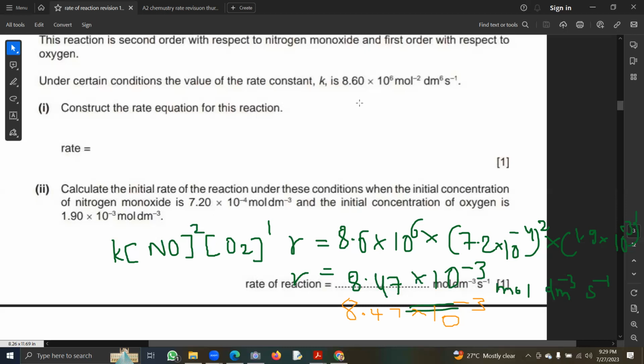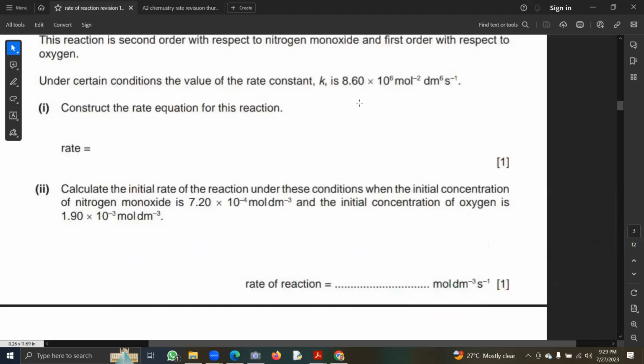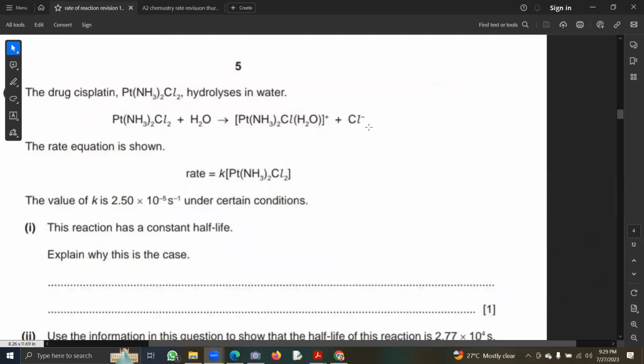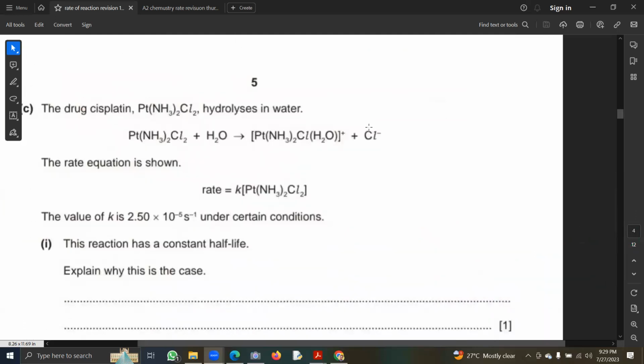Then is copy. Go to the other part. That's it.